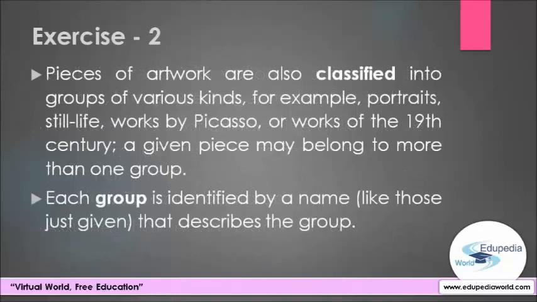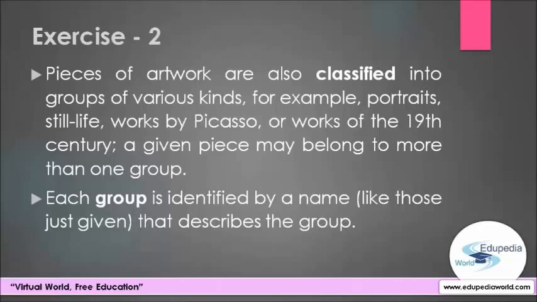Pieces of artwork are also classified into groups of various kinds. For example, portraits, still life, works by Picasso or works of the 19th century. A given piece may belong to more than one group. Each group is identified by a name, like those just given, that describes the group. Here, we can identify a major entity called group.